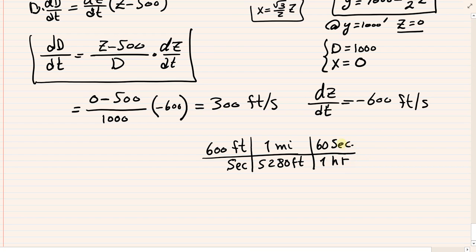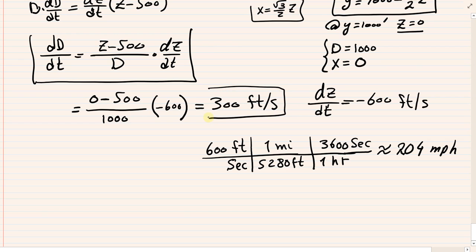So I multiply 600 times 3,600 divided by 5,280, and on my calculator I get about 204 miles per hour.